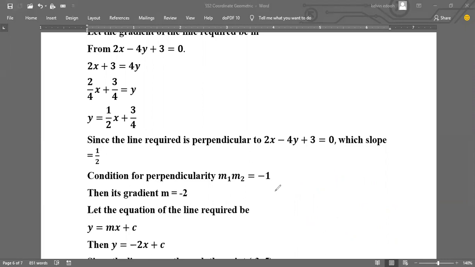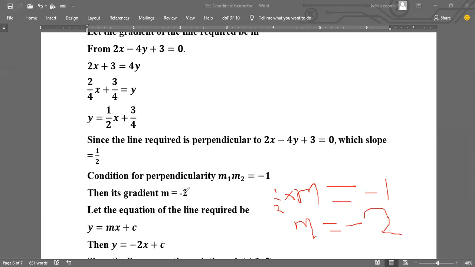So you have 1 over 2 times the gradient we are looking for, let's call it m, should be equal to -1, since their product should be -1. So you multiply both sides by 2, so m will be equal to -2. That's why the gradient of that line is -2.